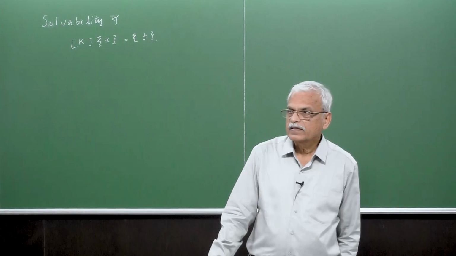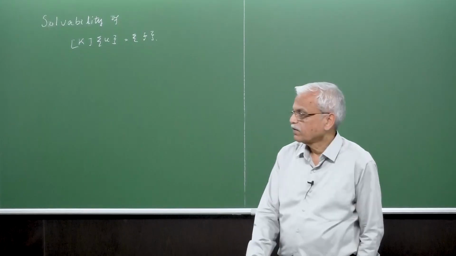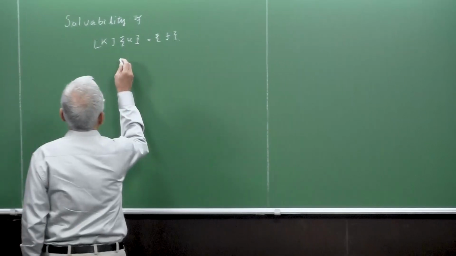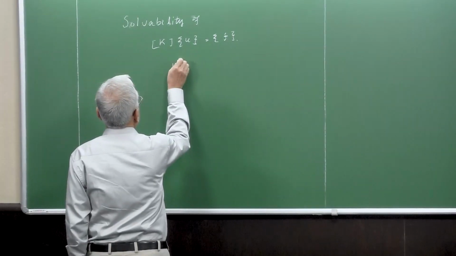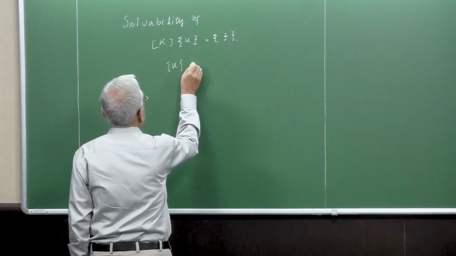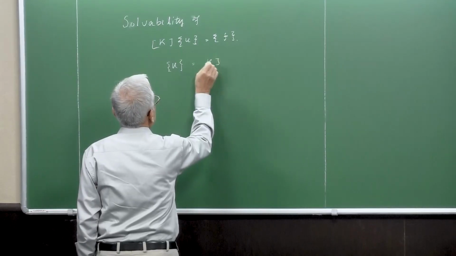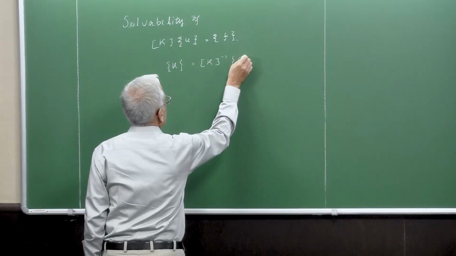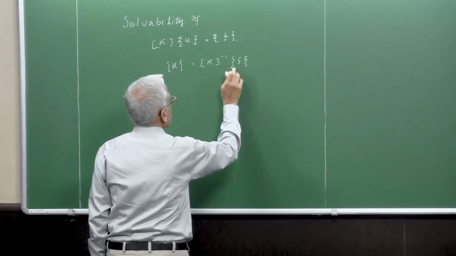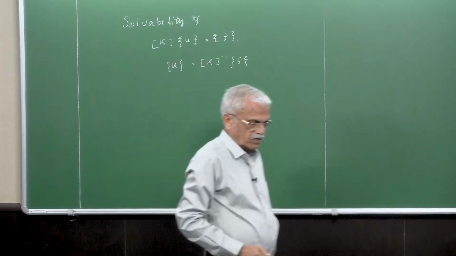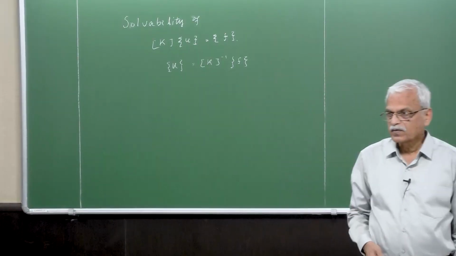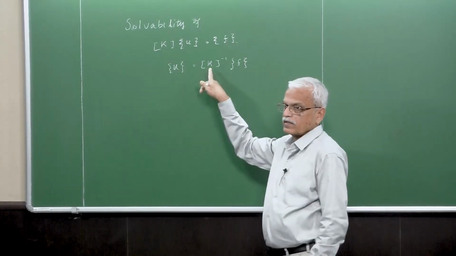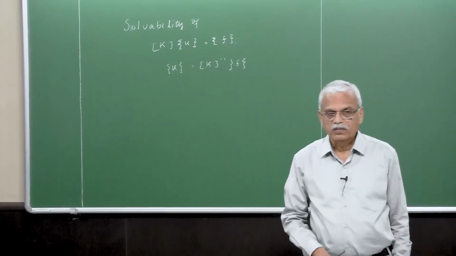So to get the solution, it appears that if you want to get the solution u here, it is simply k inverse f, and for all practical purposes it is so, but in these structural mechanics problems what happens is that this k turns out to be singular.